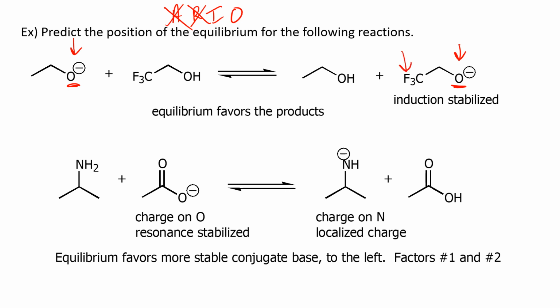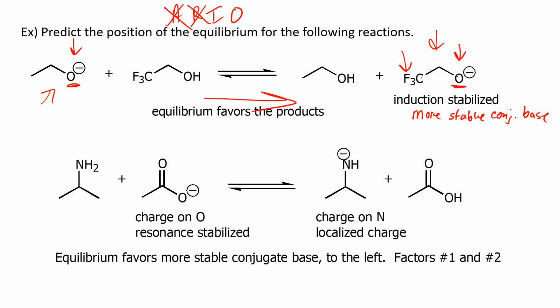We've got some electron withdrawing groups on our carbon 3 atoms away, and there are no electron withdrawing groups on the conjugate base in the reactants. So because our compound in the products is induction stabilized, it will be the more stable conjugate base. And we know the equilibrium favors the more stable of the two conjugate bases, so our equilibrium lies to the right, favoring the products.